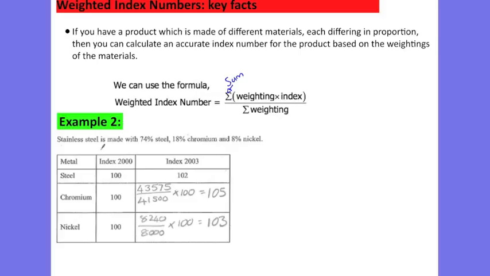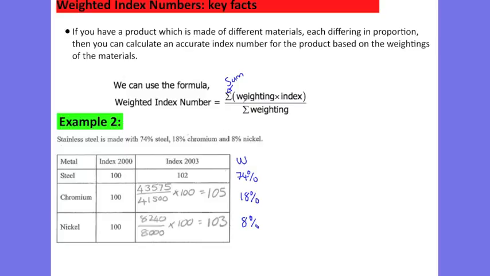So here we have our information from the previous example that we worked out, the index values for chromium and nickel. Now, using the weightings, the percentage, for steel, we have 74%. For chromium, we have 18%. And for nickel, we have 8%.